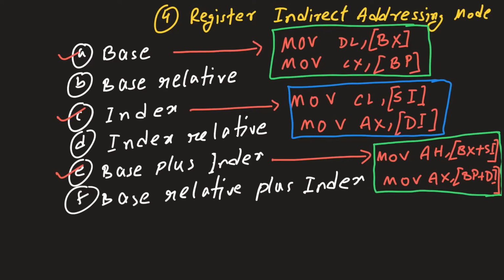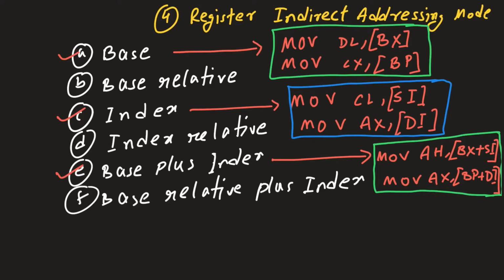These are a few examples of base addressing mode, index addressing mode, and base plus index addressing mode. In the first two examples of base addressing mode, we see that the content of register BX and BP are the memory pointers.